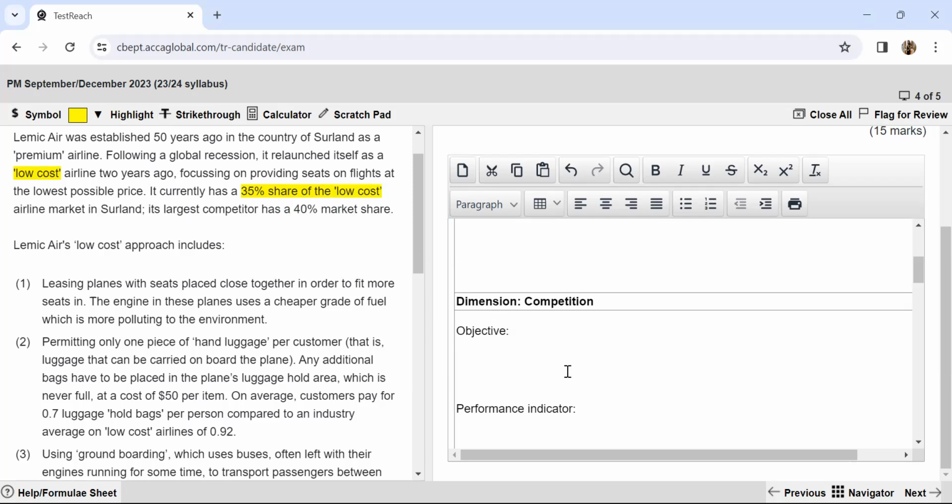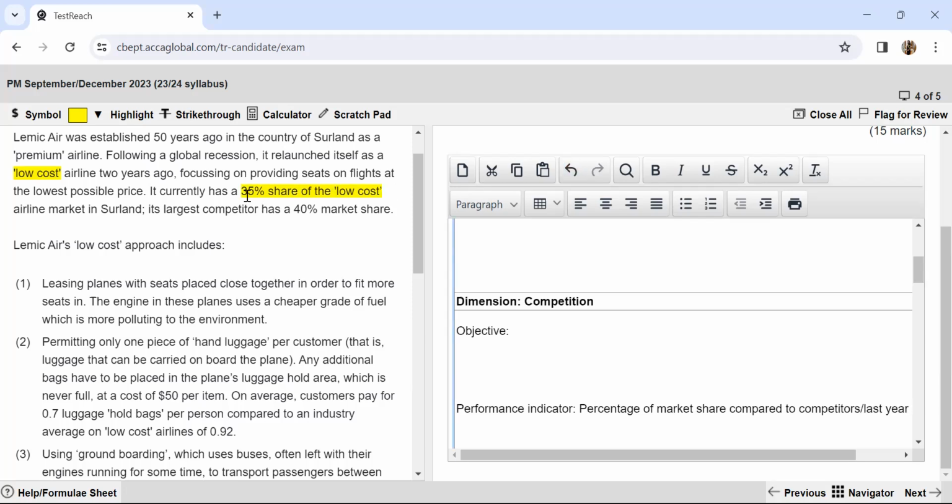So probably on the performance indicator side, we can mention the percentage of market share, and we can compare that to competitors, or we can also compare it to our last year's performance.